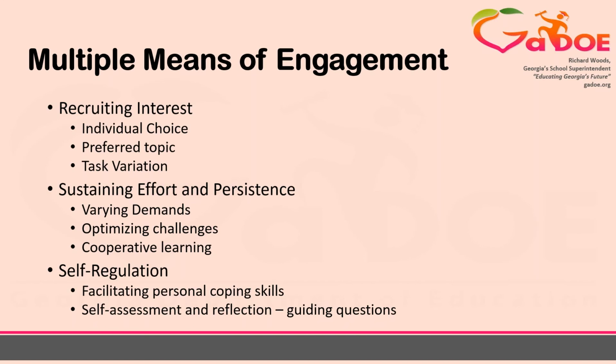This can be done through strategies such as cooperative learning, varying the demands in the task used, or adding increased challenges. And finally, we need to help students self-regulate. This can be by providing strategies to facilitate a student's coping skills. We can provide them with the means to determine how they are doing with the task, such as guiding questions.